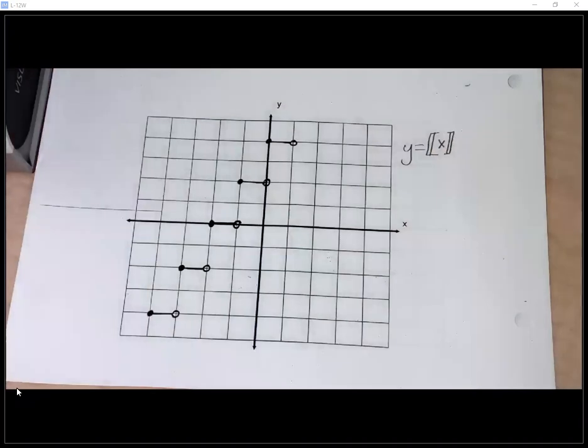Now see if you can figure out what has happened to this thing. Remember what this means, by the way. You want the greatest integer that is less than or equal to the number you are providing.